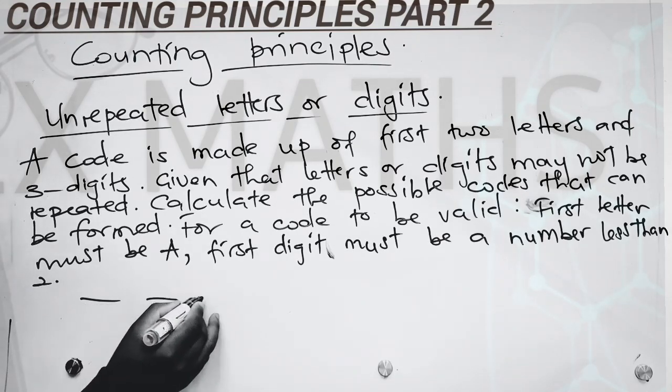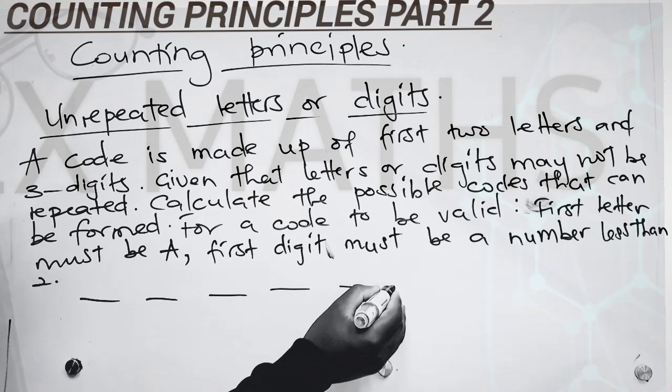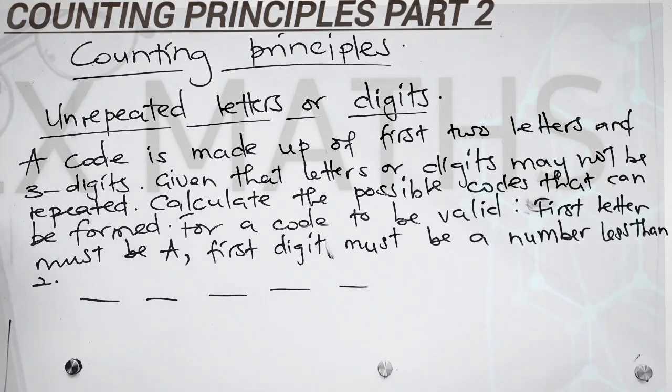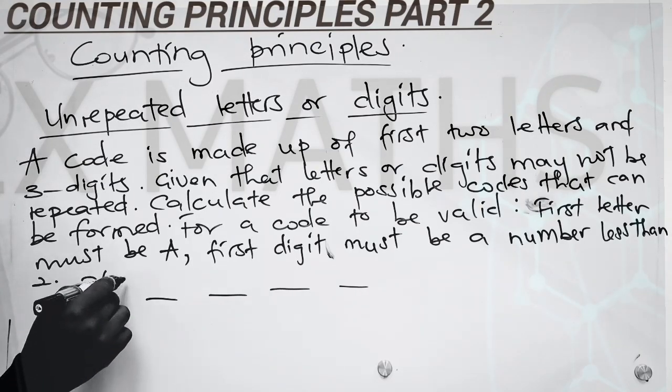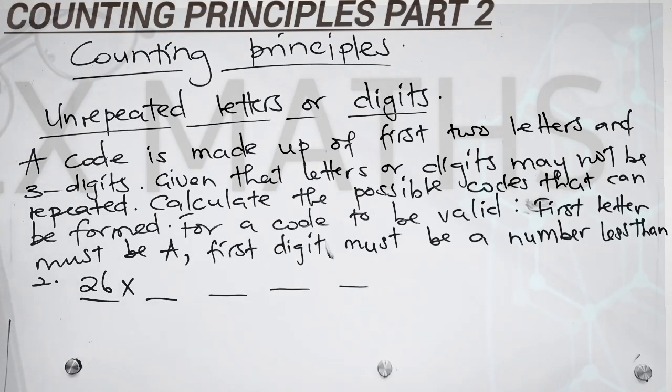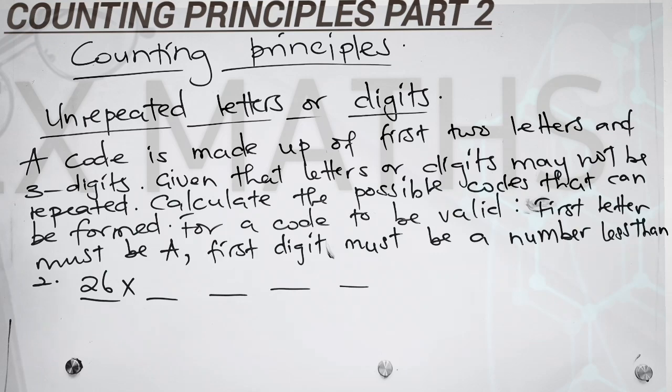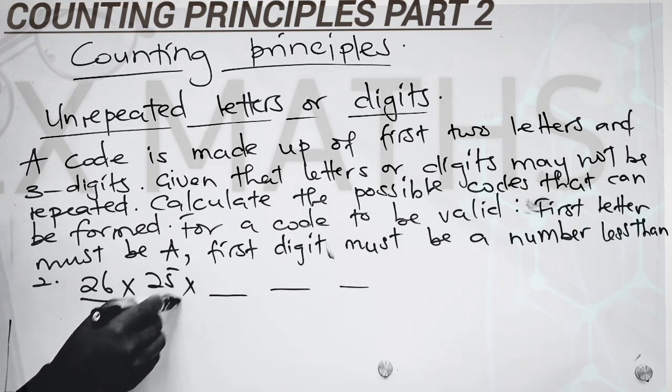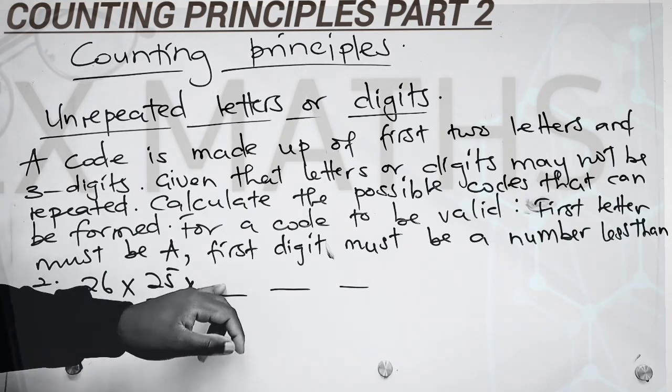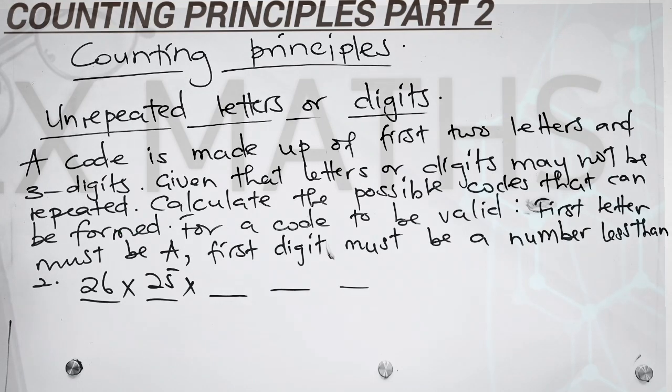So we have 1, 2, 3, 4, 5. The first two positions are letters and they are not repeated. For the first position we are arranging 26 letters, from A to Z, but we are not repeating any of the letters. So for the second position we are left with 25 letters to arrange. Then for the first digit position, we are arranging 10 digits.